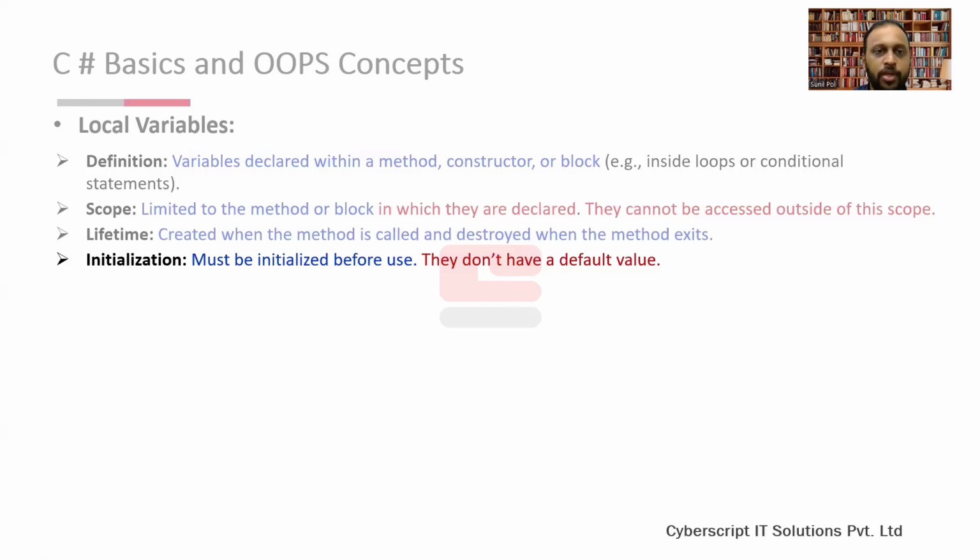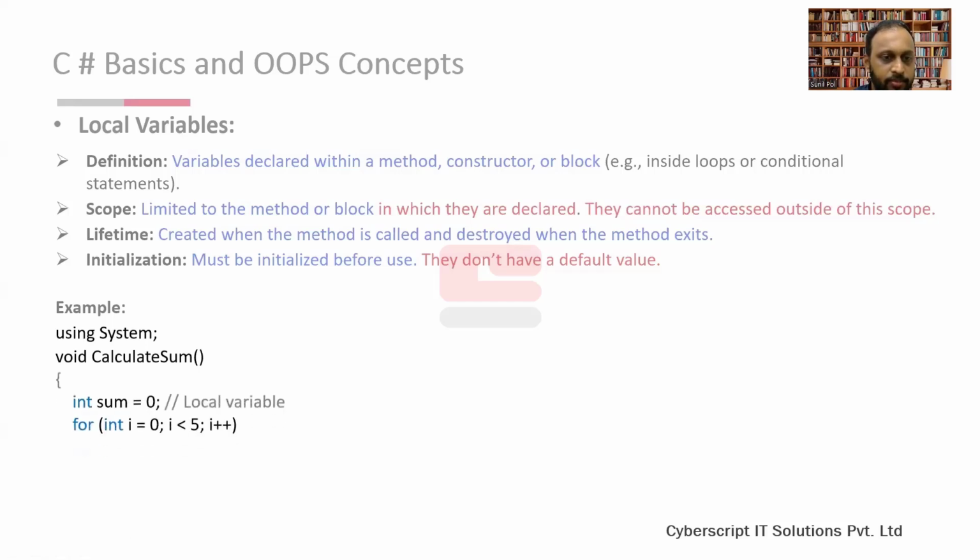So whenever you want to declare local variables, you need to assign a value to it before using it further in the program. Here we have declared one function, calculate sum, where we are doing some calculations.